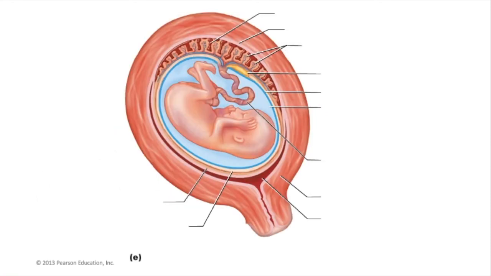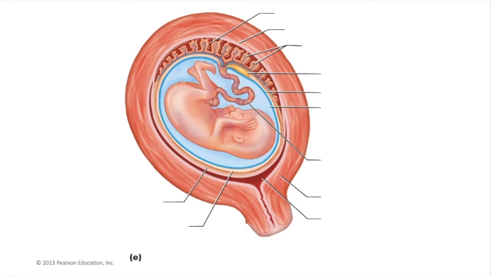And then this is a representation of a 13-week fetus. And we can still see some of the familiar structures. We see the decidua basalis here. We see the decidua capsularis here. Still part of that endometrium, but it's, again, underlying and overlying.